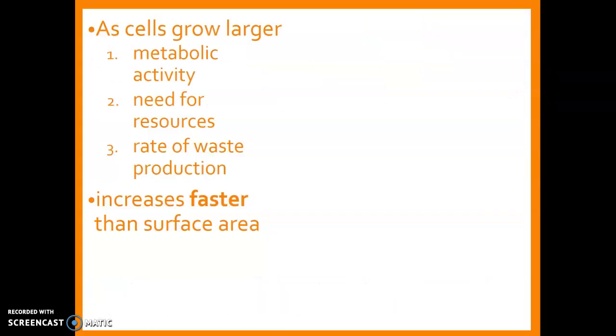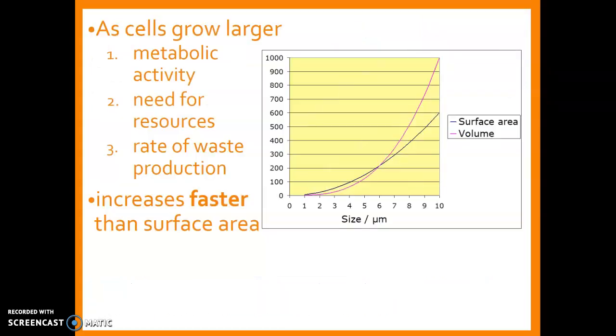So as a cell grows larger, the metabolic activity, the need for resources, and the rate of waste production increase faster than the surface area. You can see in the image, the purple is the volume and the dark blue or black is the surface area.